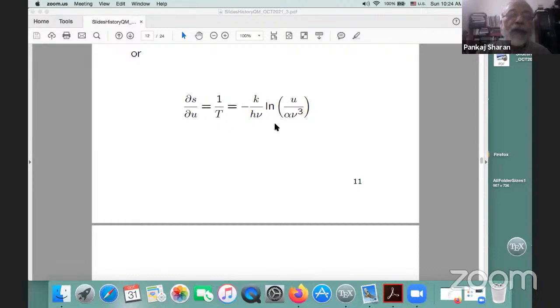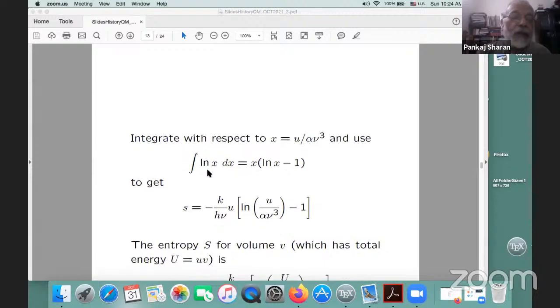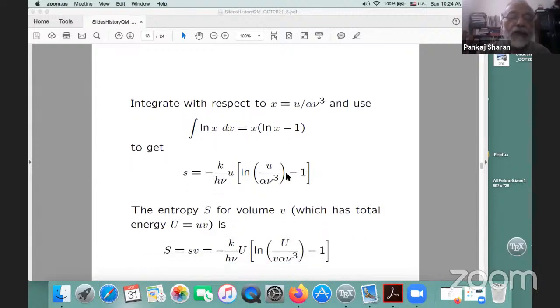This is simple, because if I take x equal to u by alpha nu cube, then the integral of log x dx is just x log x minus 1. Okay, so you get s as a function of u, which is given by k upon h nu times u times log of u upon alpha nu cube minus 1. This is a very simple integral.